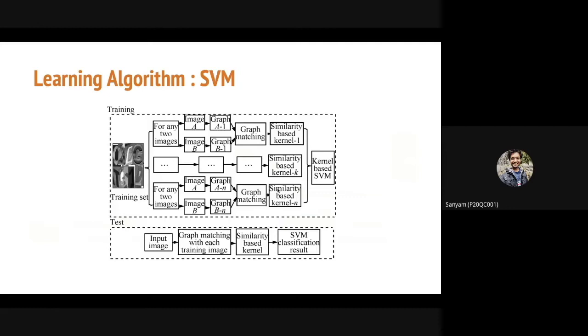As in the chart, in the training section we come up with the training set, and we classify this training set into pairs of images, and we come up with multiple chains of two images, where in each chain we have one image as the training image and the other image as the query image. So image A will be our training image, and image B will be our test image.